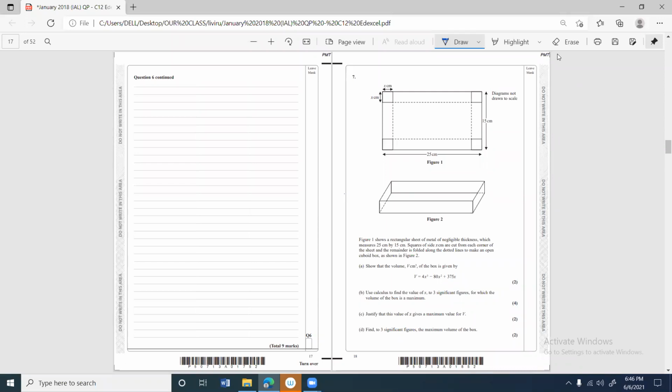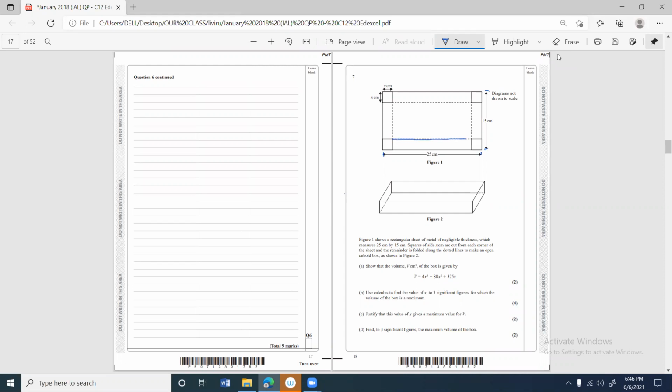Figure 1 shows a rectangular sheet of metal of negligible thickness, which measures 25 centimeters by 15. From here to here it's 25, and from here to here it's 15.